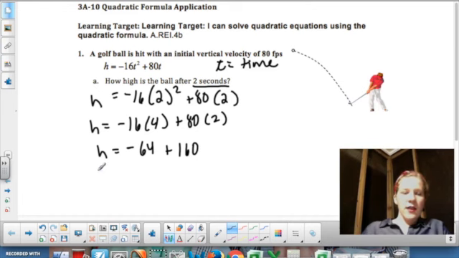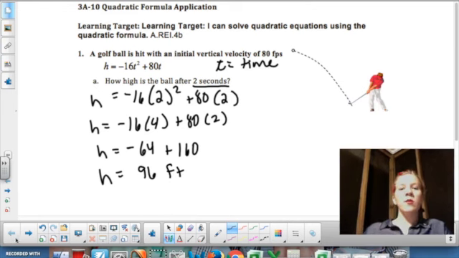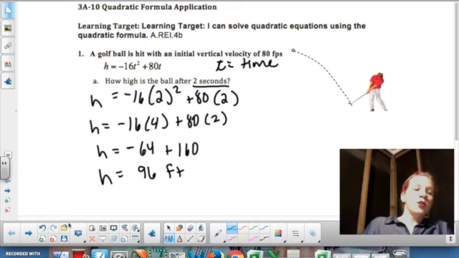Then negative 64 plus 160 is going to be 96. This is being measured in feet because that stands for feet per second. So the answer to part A is 96 feet. That's how far the ball will have flown after 2 seconds.